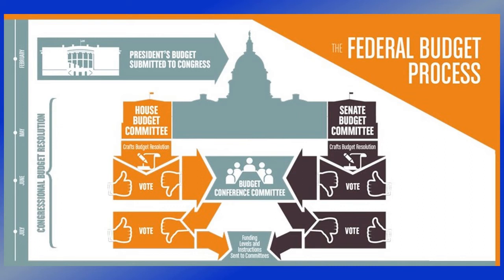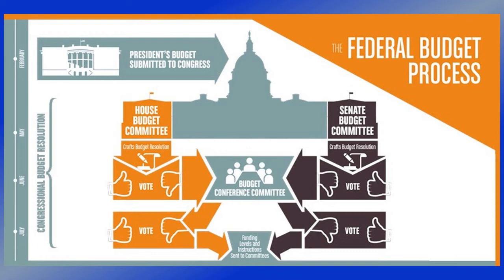And then it's up to the House and the Senate to actually write the budget. And this goes through that crazy long process we talked about, right? It's going to go to committees, it's going to end up going to conference committees, all this kind of stuff. And then finally, if the budget is agreed upon by the House and the Senate, it goes back to the president to sign or reject and send back to them.